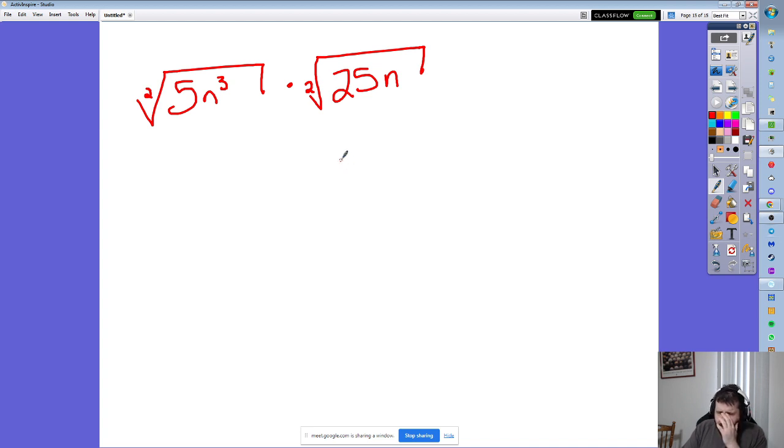I know for a fact on MathXL there's at least one problem where they're going to give you a cube root and a fourth root, and you're going to be like, well, what do I do? And the answer is nothing, because you can't. There's nothing you can do to combine those. You can do each of them separately from each other, but you can't combine them. They have to have the same radical in order to combine.